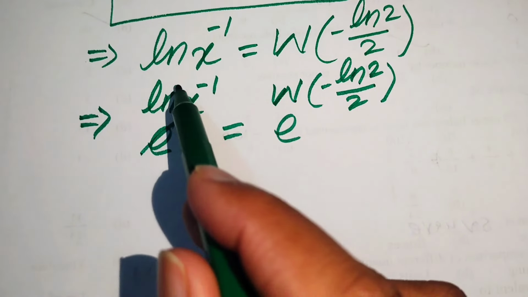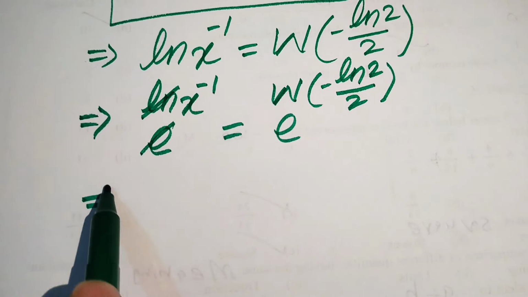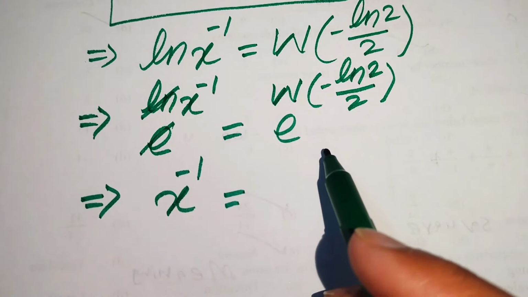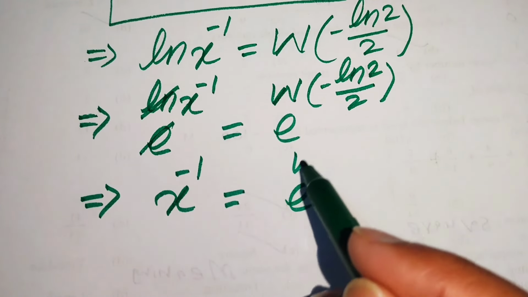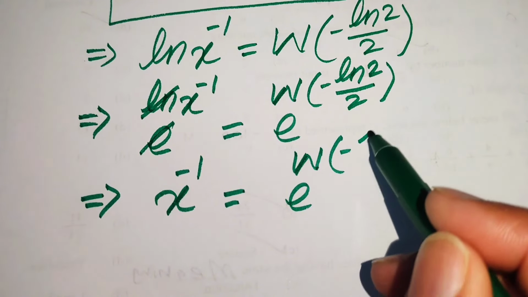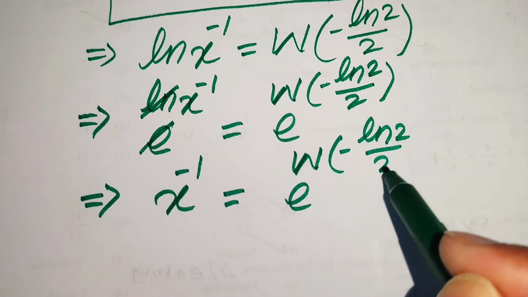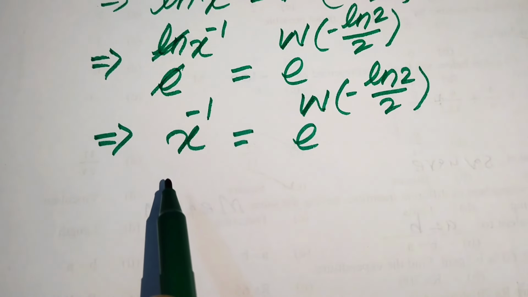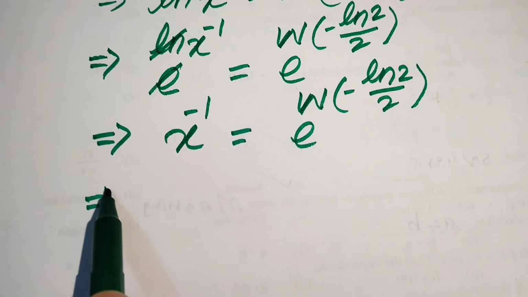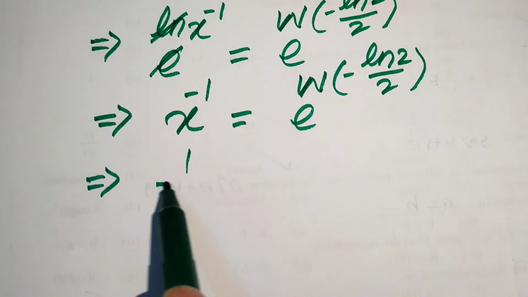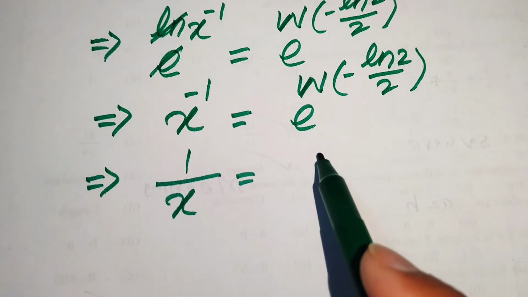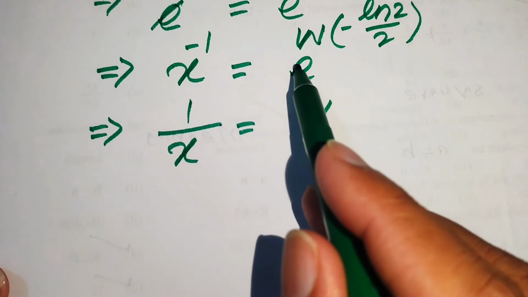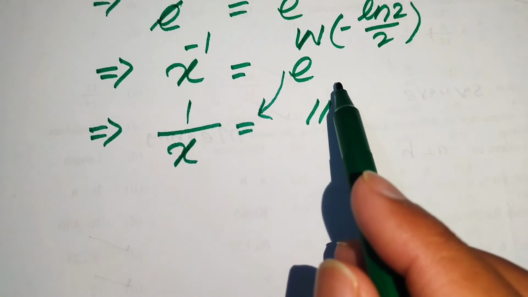You know that this e and log cancel each other, and in the left hand side we get only x inverse equals e to the power of W of minus log 2 divided by 2. So here you see that the exponent of this x is negative. In order to make this positive, first we write 1 over x equals this term as it is, and then in the next step we move this term to the left hand side, because it is multiplied on the right.